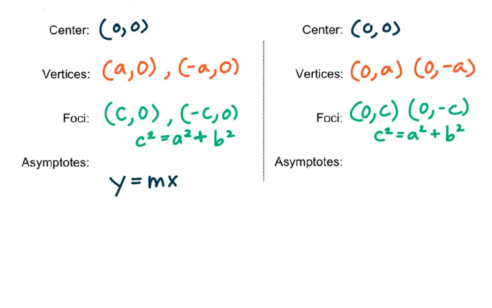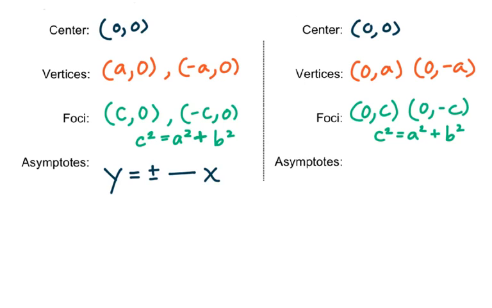So I'll have two asymptotes formed by y equals mx. One's going to have a positive slope, and one will have a negative slope. So I'm going to say plus or minus whatever that m value is, x.